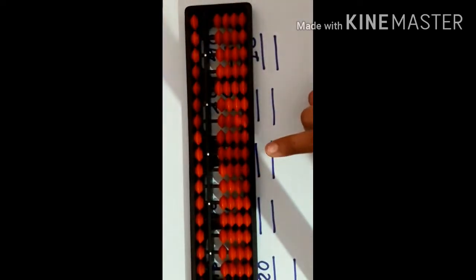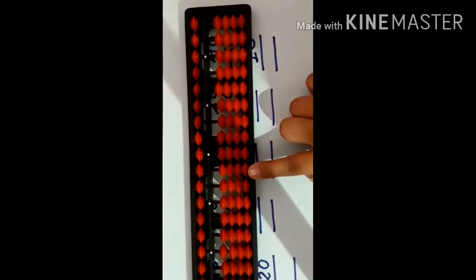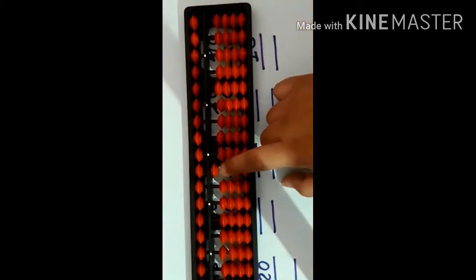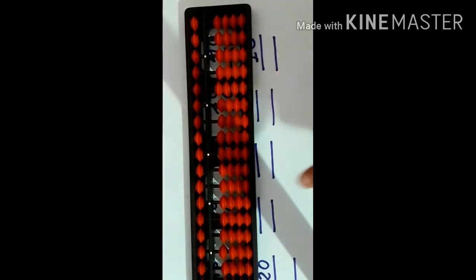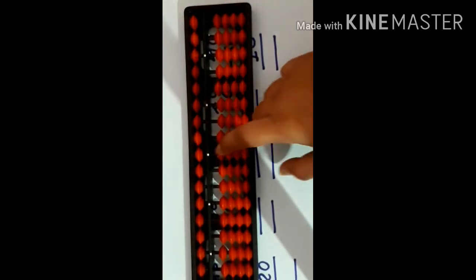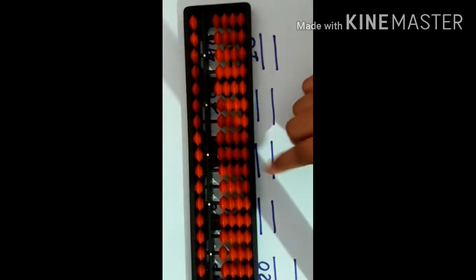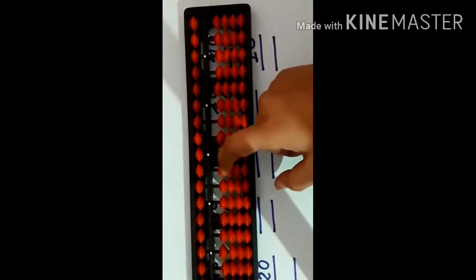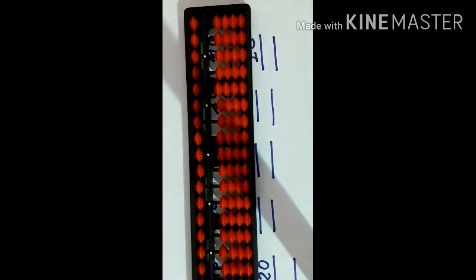So today, as our today's topic, we will do the calculation in this tens rod, and its one bead value is 10, 20, 30, 40. In units rod, one bead value is 1: 1, 2, 3, 4. But in tens rod, one bead value is 10: 10, 20, 30, 40. I hope you are getting it.